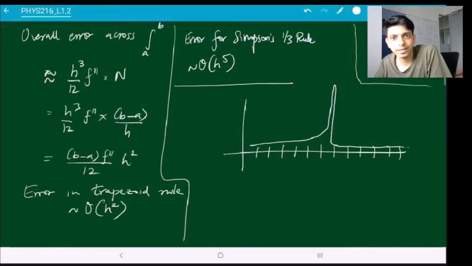Suppose this is the function that the user wants to integrate. So you're evaluating the function over here, over here, over here, here. And then you see what has happened is that you have completely missed out on the actual feature of the function, the peak. You're not seeing that.